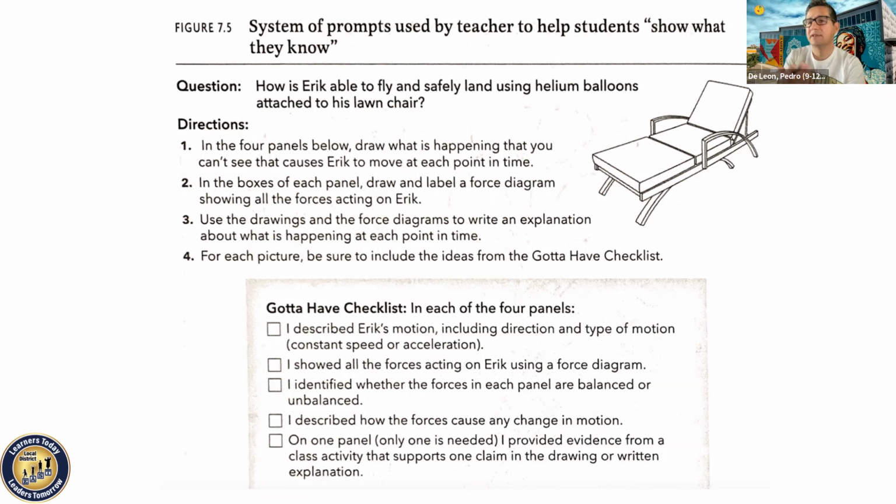So it's like going back to the DCIs, or the standards, for students to be able to describe what they're trying to show, which is what are the forces happening in this model. And again, this all connects back to the phenomena. What are some of the things that they were observing? This is what my group members mentioned. I don't know if anybody else wants to mention something else.